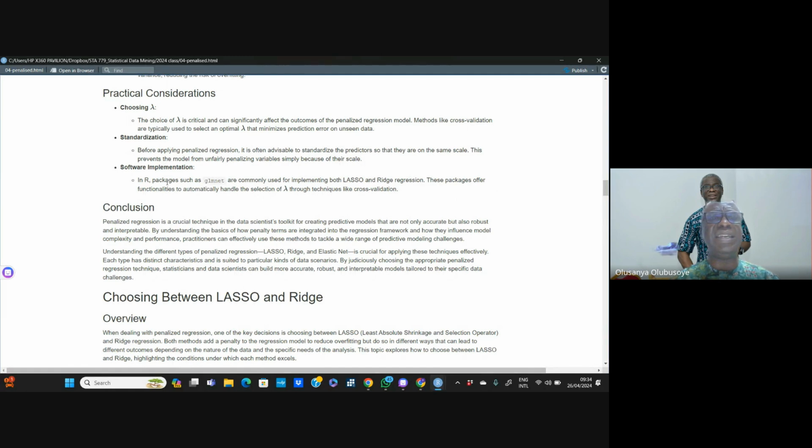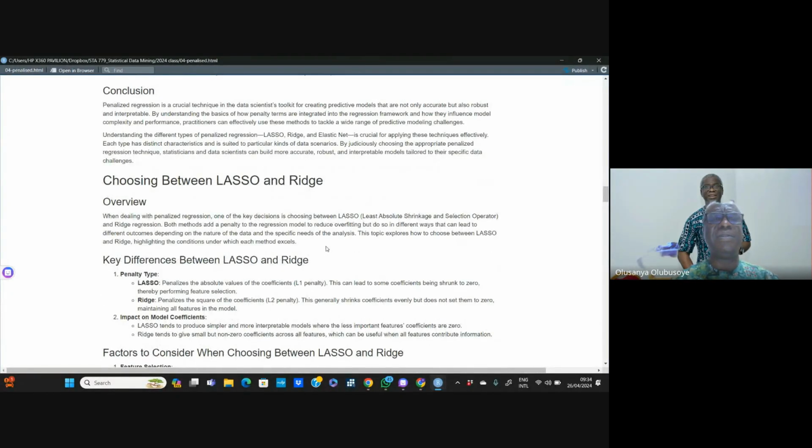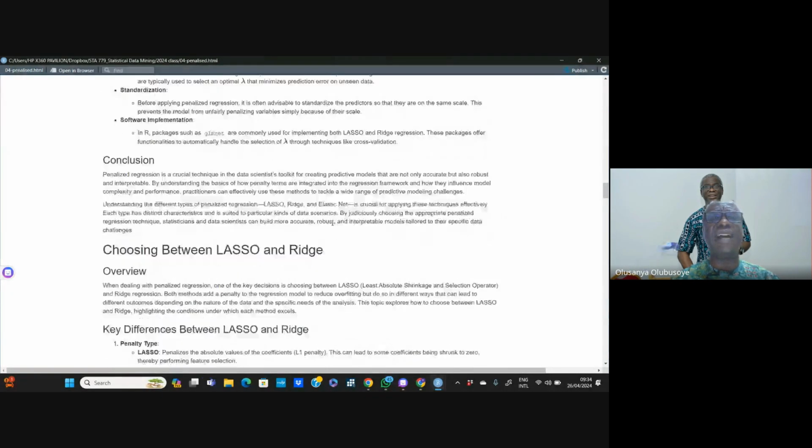So in R, you can use the glmnet package for LASSO, for Ridge, and even for Elastic Net. You can also use it to select the optimal lambda through the cross-validation technique.